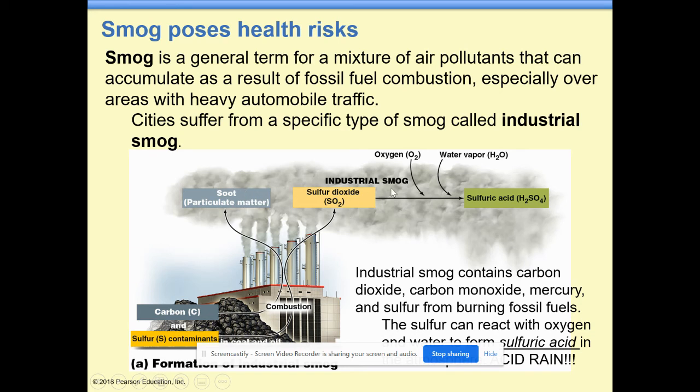And sulfur dioxide and soot can cause that smog. Another thing that can happen is sulfur dioxide connects with water and oxygen and produces sulfuric acid. Sulfuric acid is acid rain. It can cause acid rain.